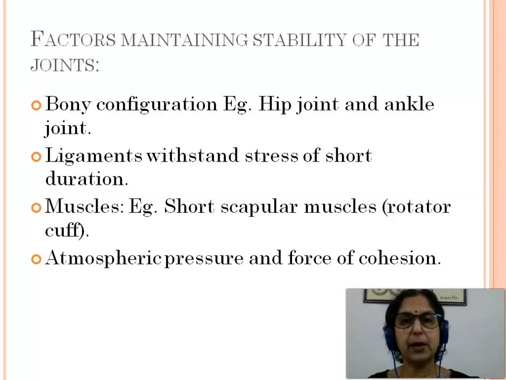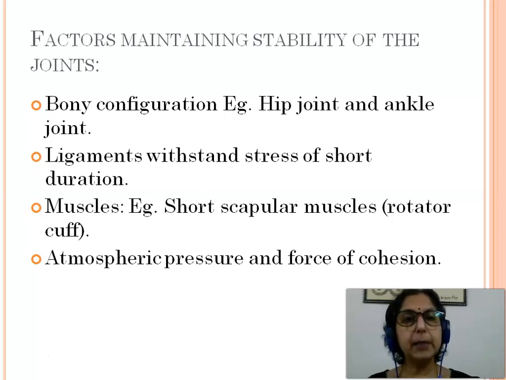So here, the joint is not congruent. It is not that stable, but the range of movement is very good. So, bony configuration is one factor which maintains the stability of the joints.